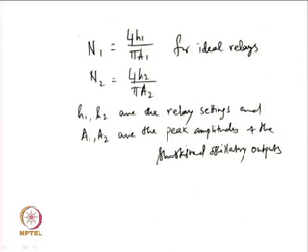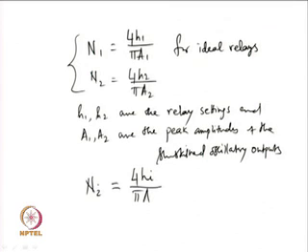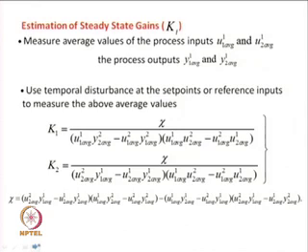So, thus we get the dynamics of the relay in general form: NI is equal to 4 hI upon pi aI for all I going from 1 to 2. Okay. So, this is how we get the dynamics for N also.